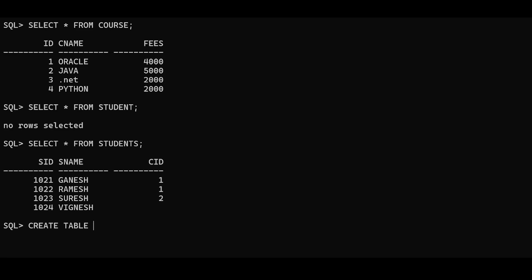Create table, the name of the table is going to be register. It has a register number of integer type, a registered date of date type, and a CID. Three columns I'm taking.